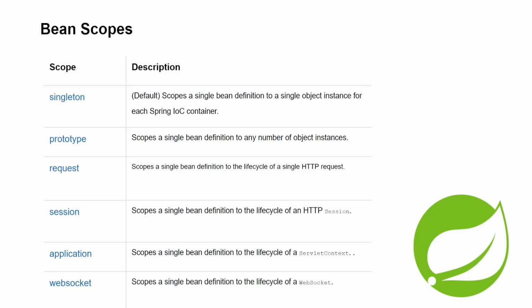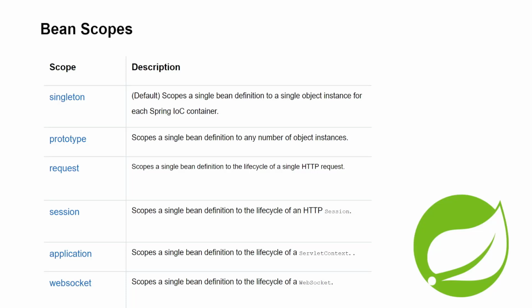But in case of singleton, a shared instance will be used across the application, and we have different scopes other than singleton and prototype, that are request, session, application, WebSocket. All of those scopes will be used in the web layer, like when you are making an HTTP request, which we'll see when we make a web application.